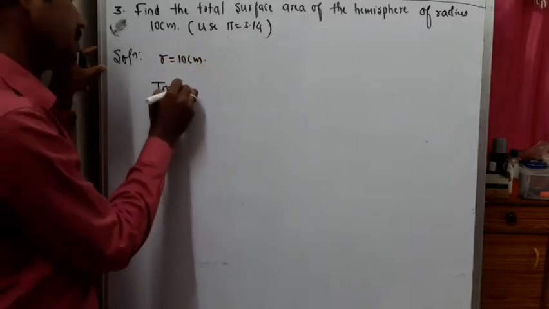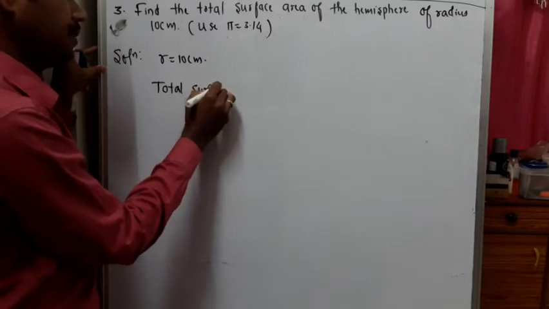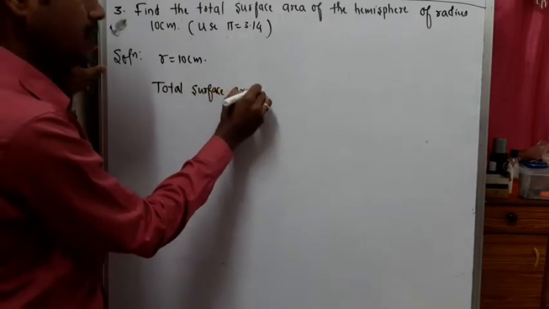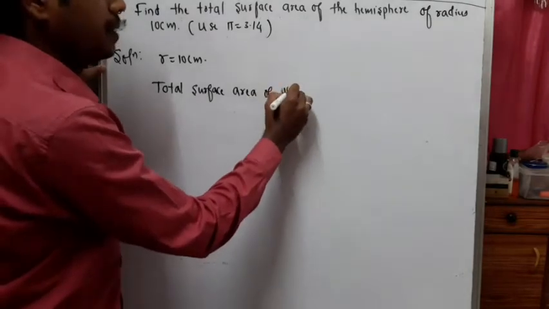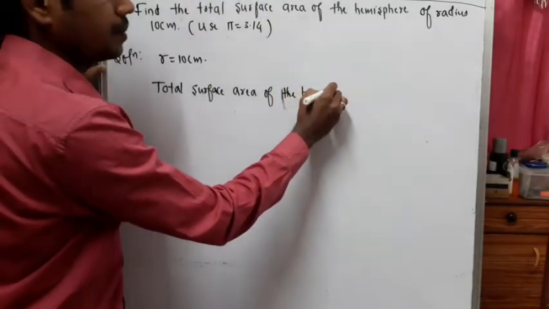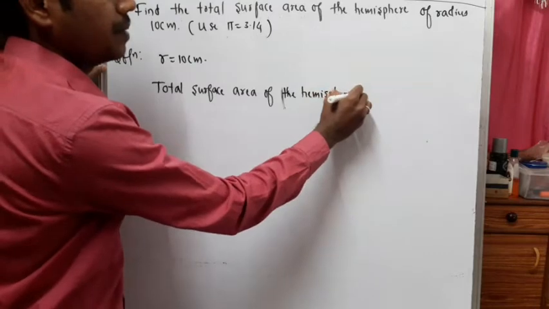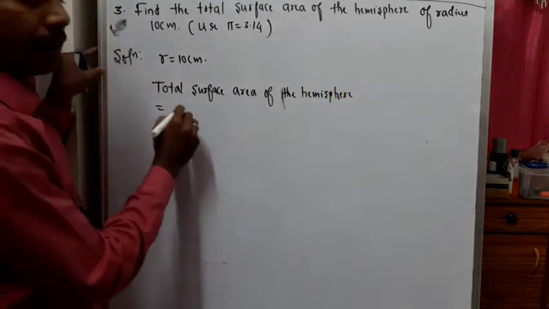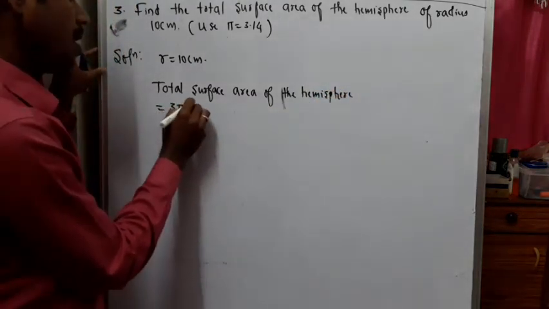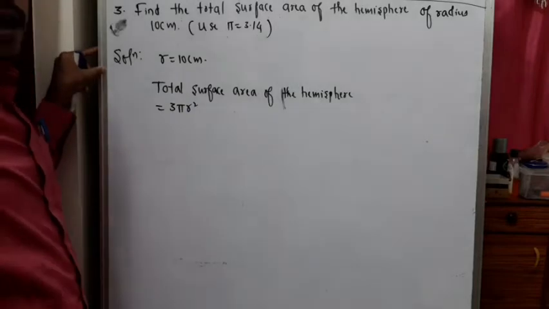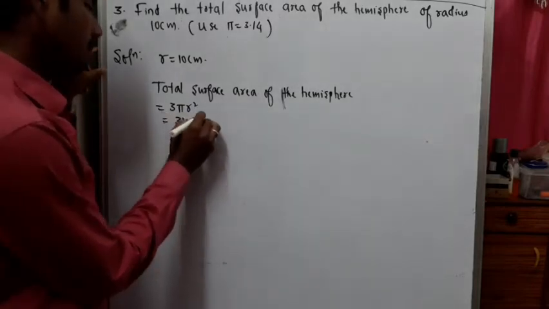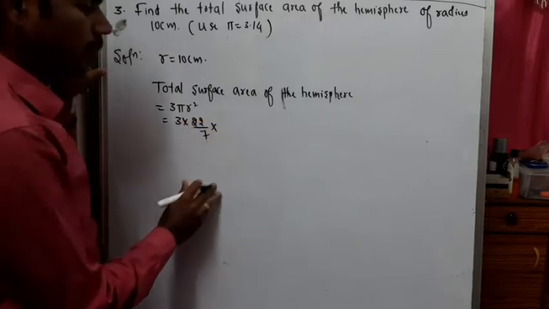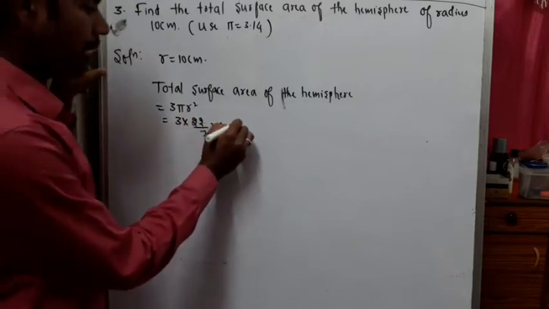Total surface area of the hemisphere is equal to 3 pi r square, which is equal to 3 into 22 by 7 into 10 into 10.